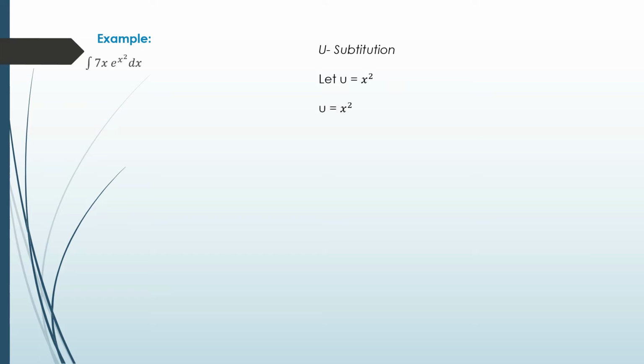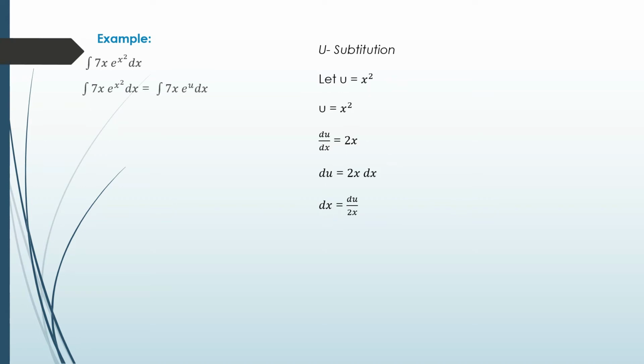So u is equal to x square. Next step, kita perlu cari nilai dx. So du over dx is equal to 2x. du is equal to 2x dx. So dx is equal to du over 2x.